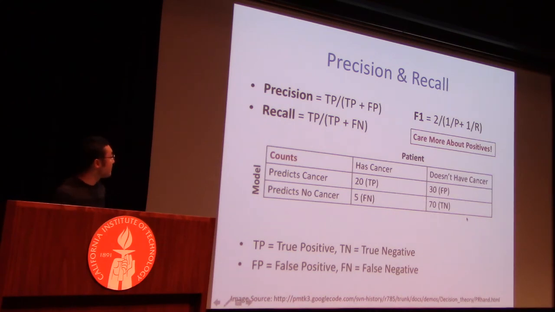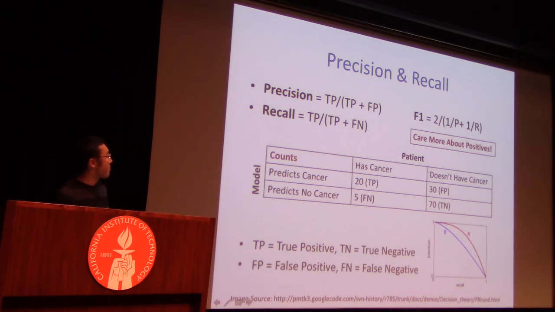So precision is true positive divided by true positive plus false positive. So this cell divided by the sum of this row. Of all the positives that our model predicts, what fraction are actually positive? Recall is true positive divided by true positive plus false negative.